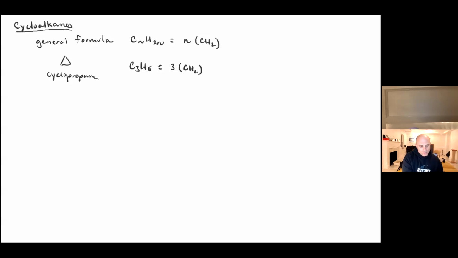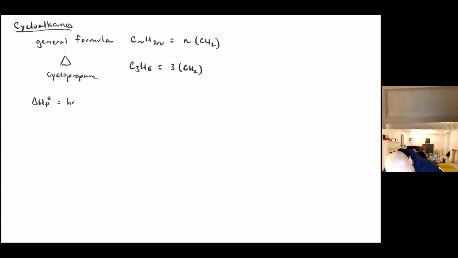All right, the way we're going to introduce this idea of ring strain is through heats of formation of cycloalkanes. Let me just remind you that the standard heat of formation, delta HF naught, is equal to the heat that is evolved when a molecule is formed from its elements in their standard state.